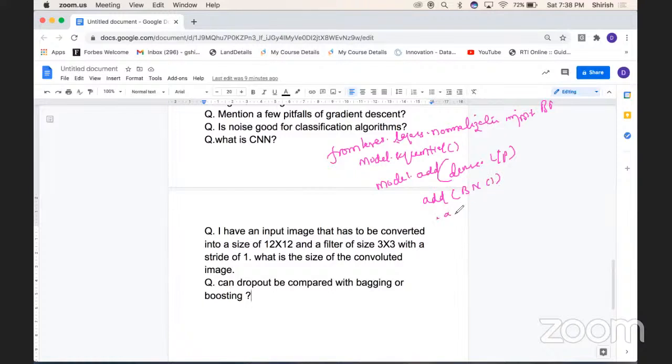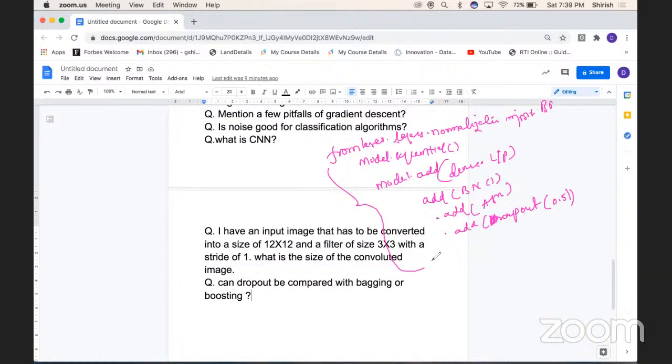Then you can add your activation function. You can also add your dropout function itself. I think it should be capital D, Dropout. What is the rate? This is how you write your design first.